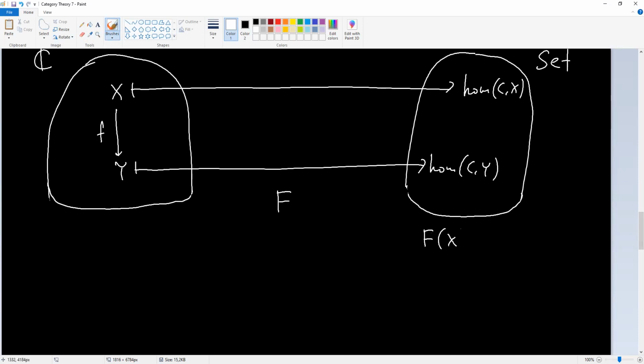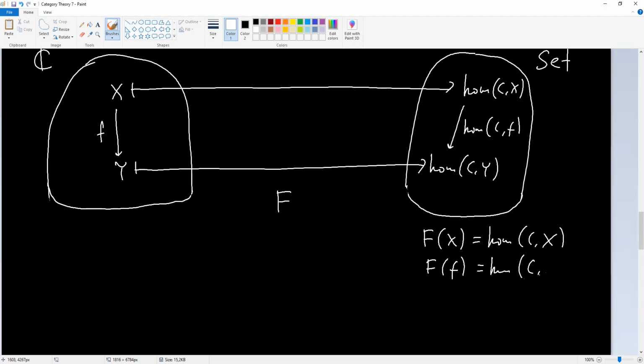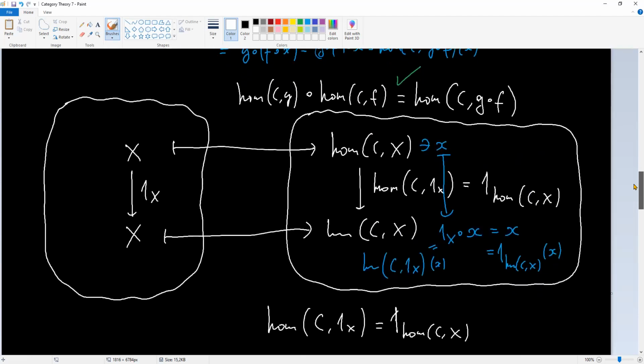Capital F of X is the set CX. Forgot to write here CF. And capital F of F is CF.